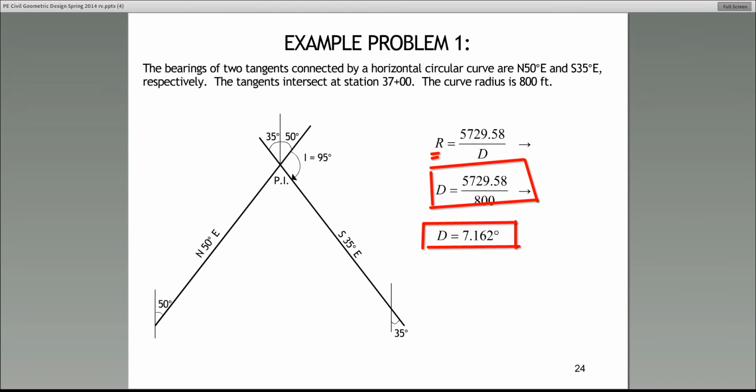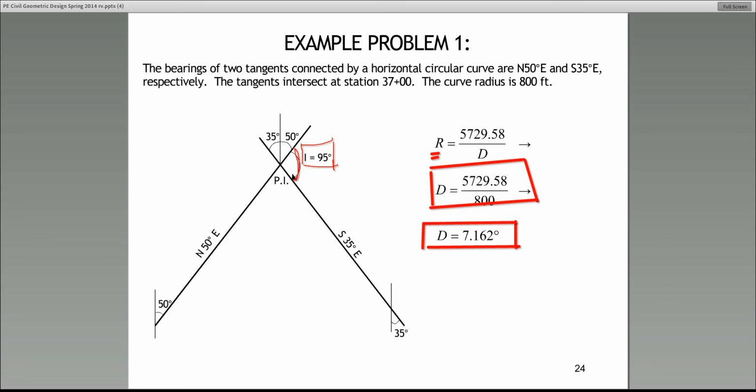One other thing we need to know is the intersection angle, which you can simply calculate to be 95 degrees. Remember, the intersection angle is defined as the angle between the extension of the back tangent and the forward tangent. The way we calculated that, and please pay attention, is also a very popular question.